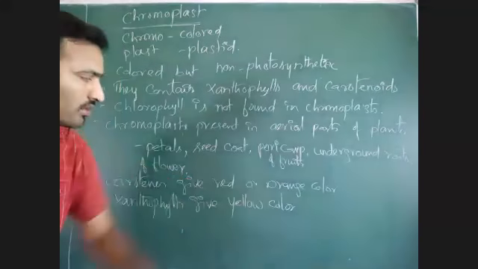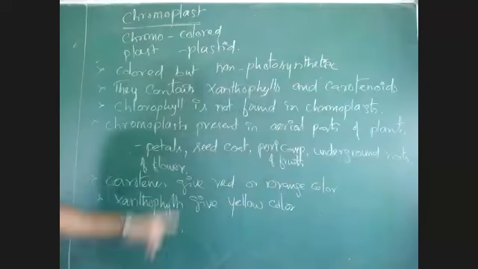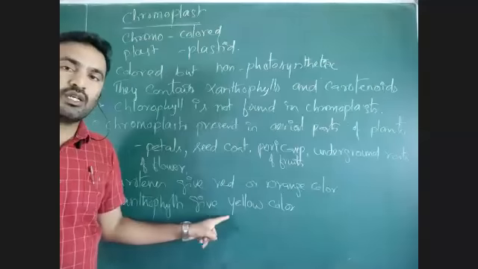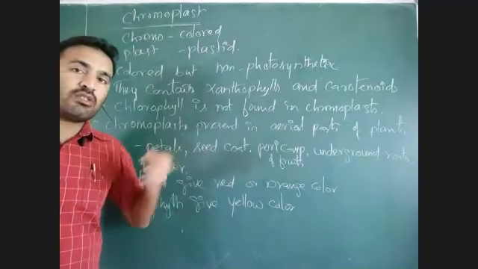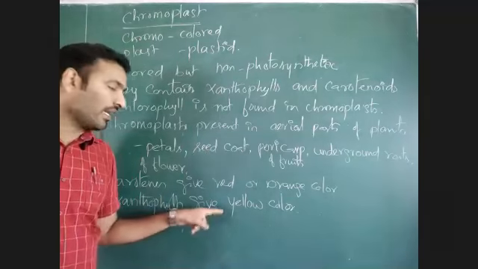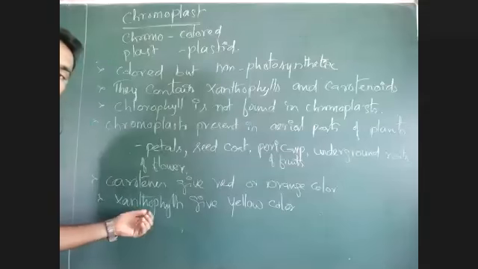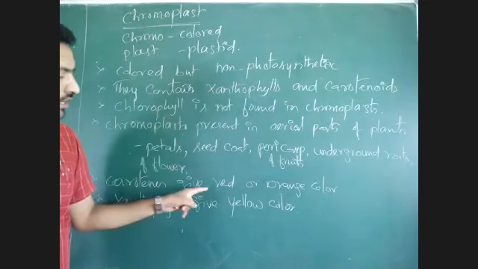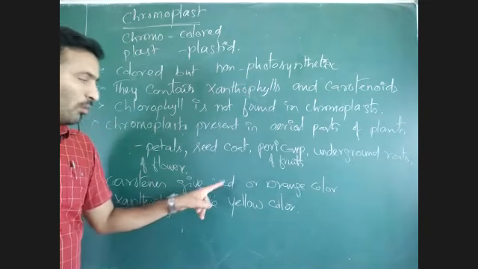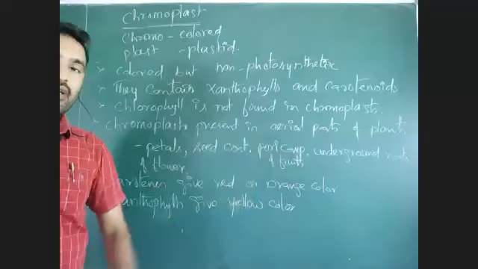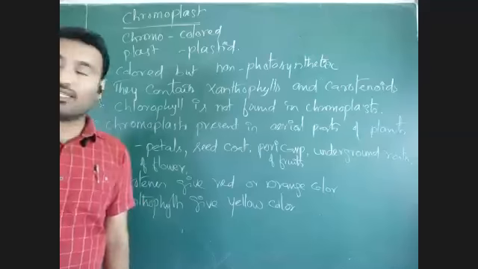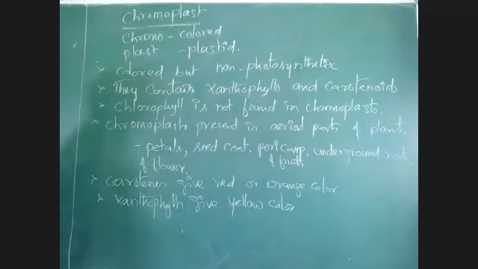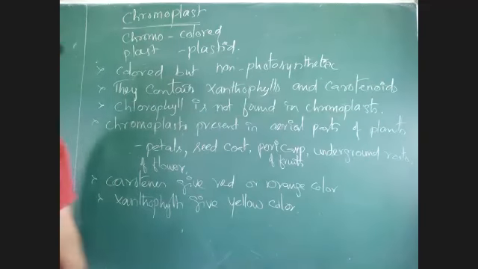That is the difference in the color of the pigments. Plant parts which are yellow have a high concentration of xanthophylls. Plant parts which are more red or orange have carotenoids. Some different colors may also come, like brown.